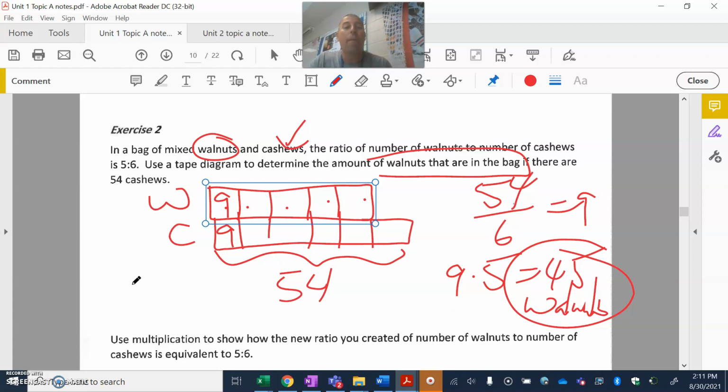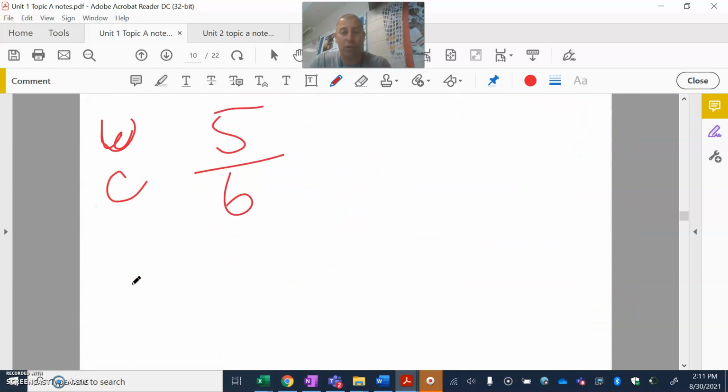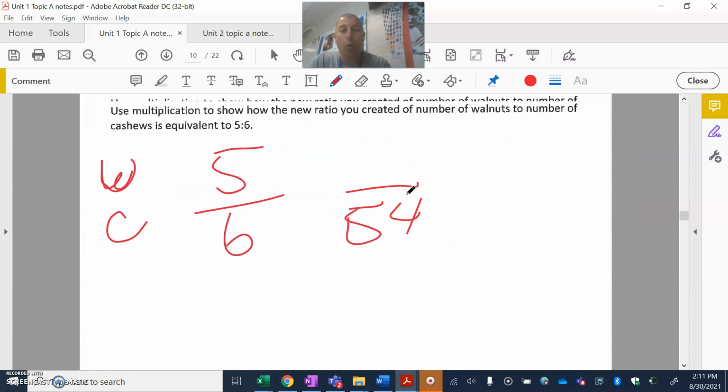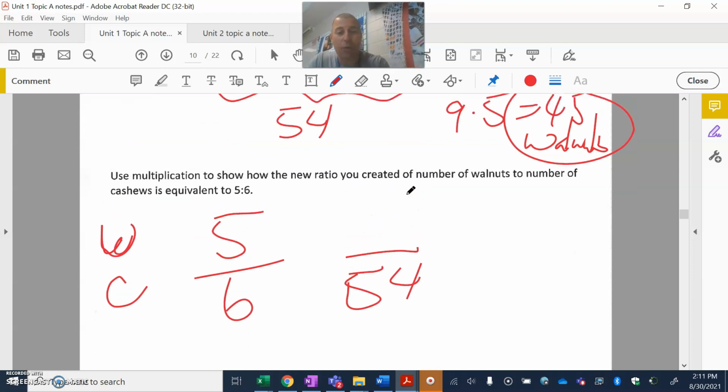Okay, so if I use my new numbers, they're saying there were 54 cashews. When I solved the problem, I figured out there were 45 walnuts. So again, they're getting you more to this algorithm technique. We want to use multiplication to show that they are equivalent. So remember, multiply by the same number.